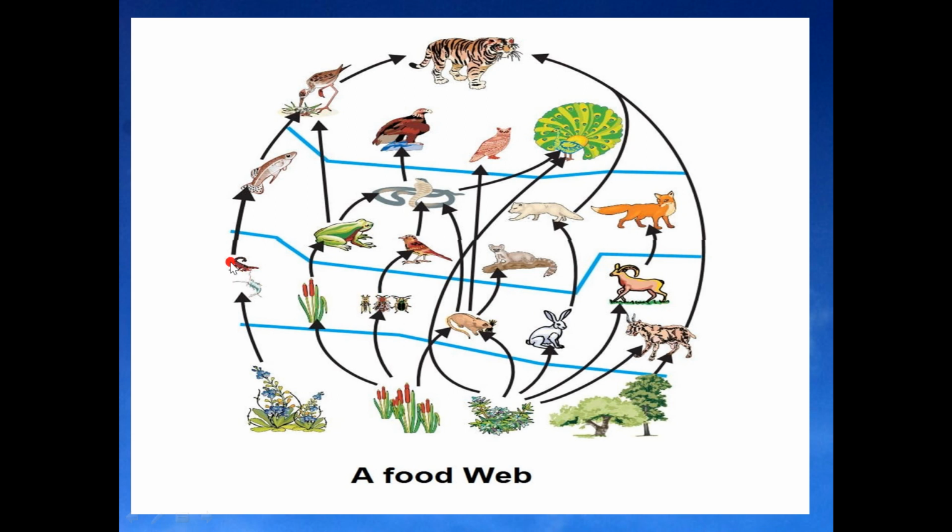Then here are the scorpion and small herbivores that depend on the producer, the green plant, and that can be eaten directly by the third trophic level animals, big animals, or the secondary type of carnivorous animals.